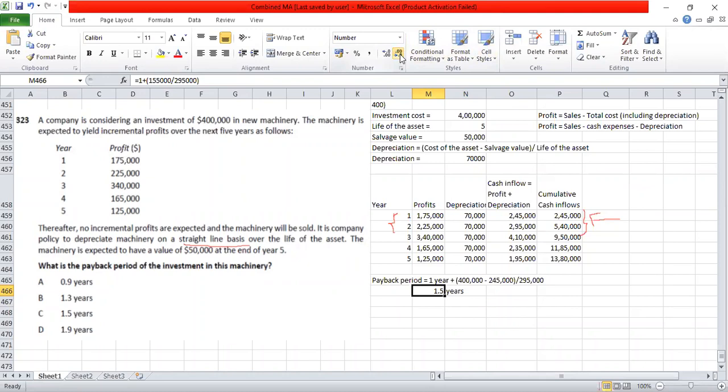That's the period when the amount of investment is paid back. So the total amount of 400,000 is paid back in a period of 1.5 years. Is that clear? Every step of it, is that clear?